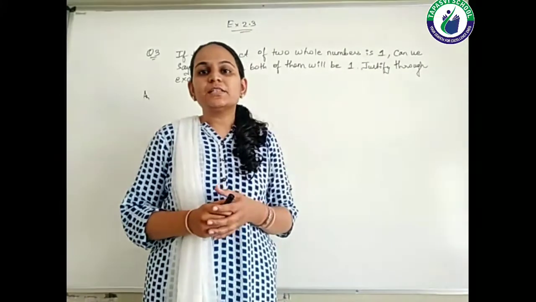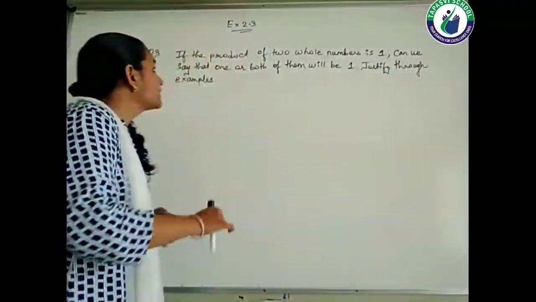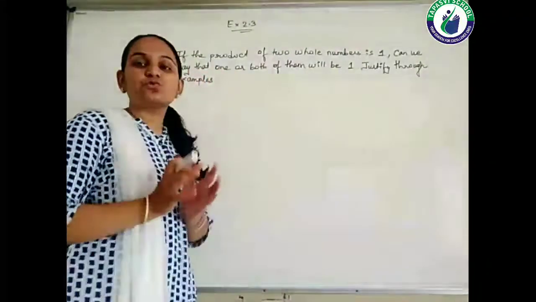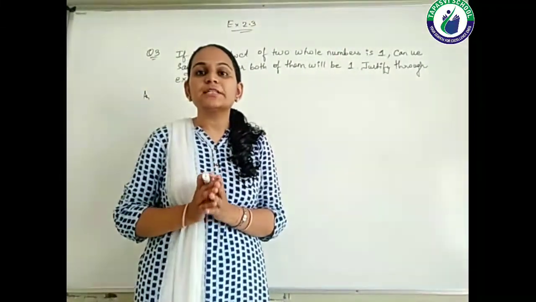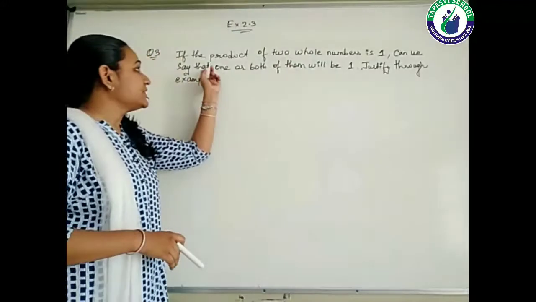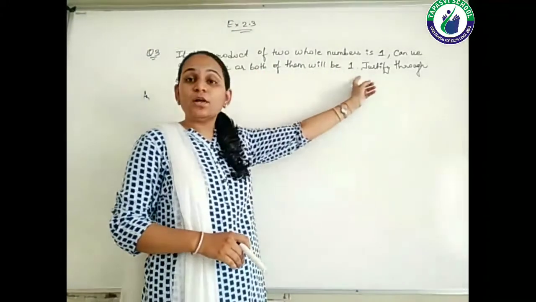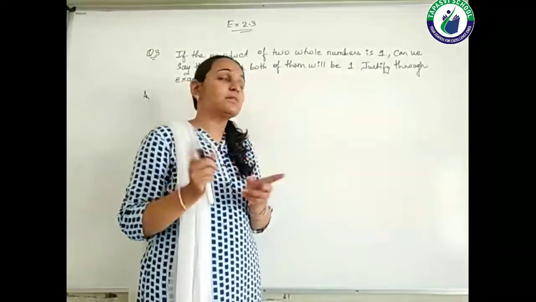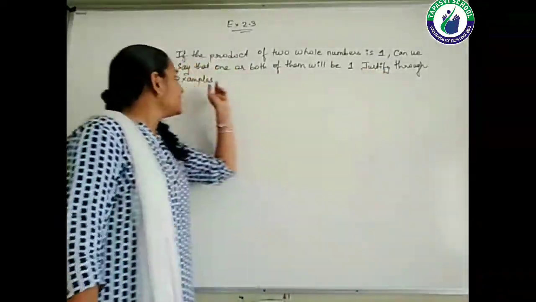Okay students, now let's see question number 3: if the product of two whole numbers is 1, that means if you multiply any two whole numbers and the product is 1, can we say that one or both of them will be 1? Justify through examples.